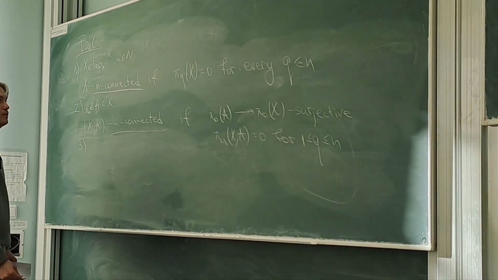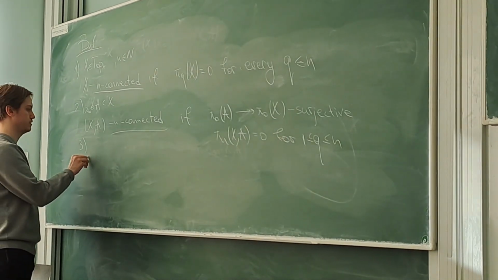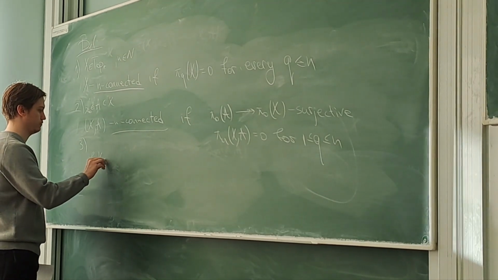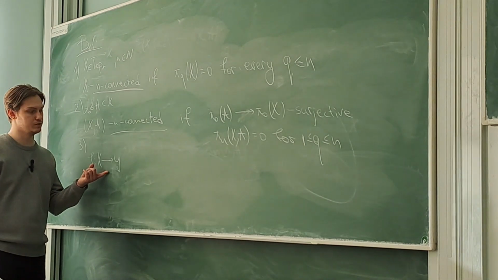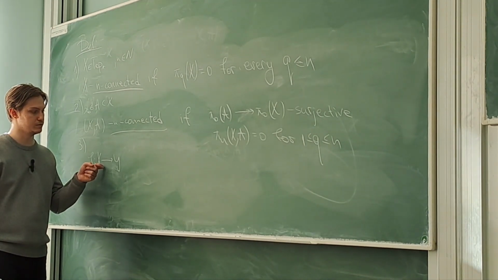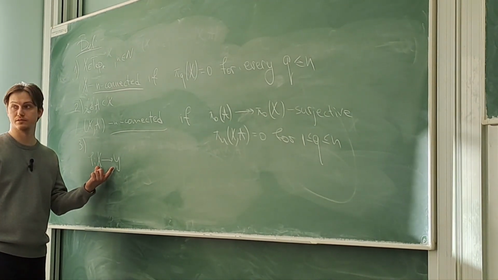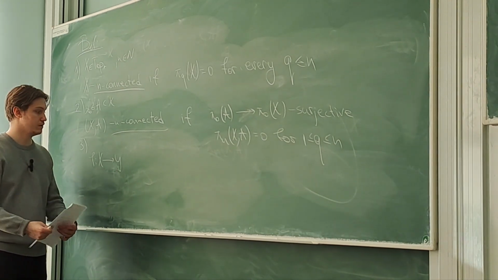So the third definition is a map of topological spaces. Here I didn't assume that this space is pointed or something like that.